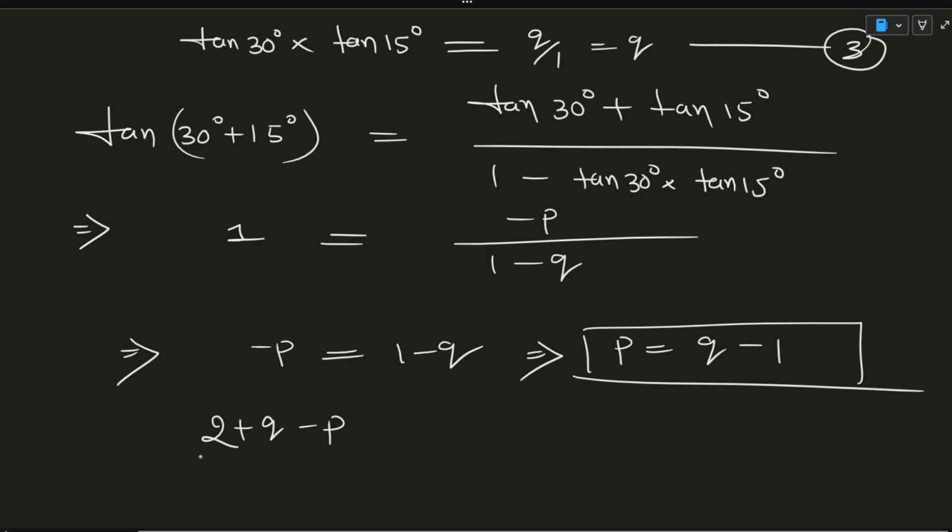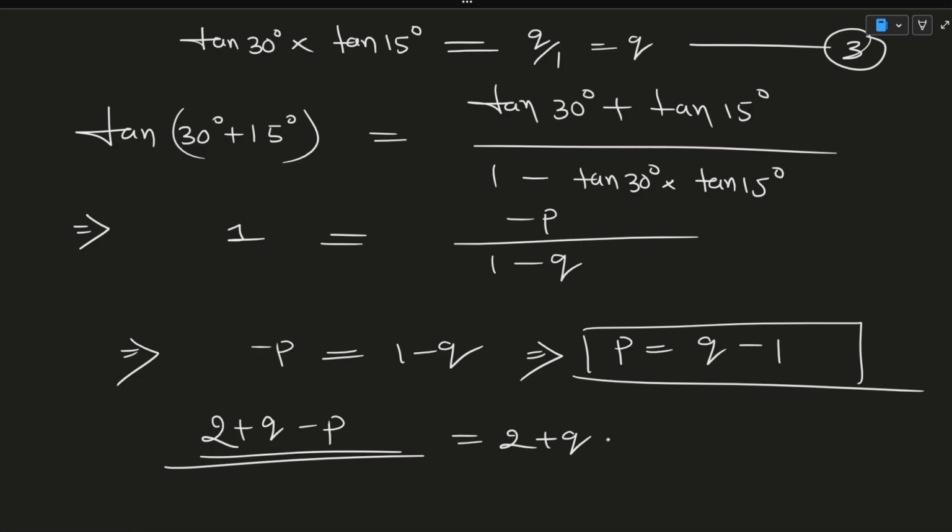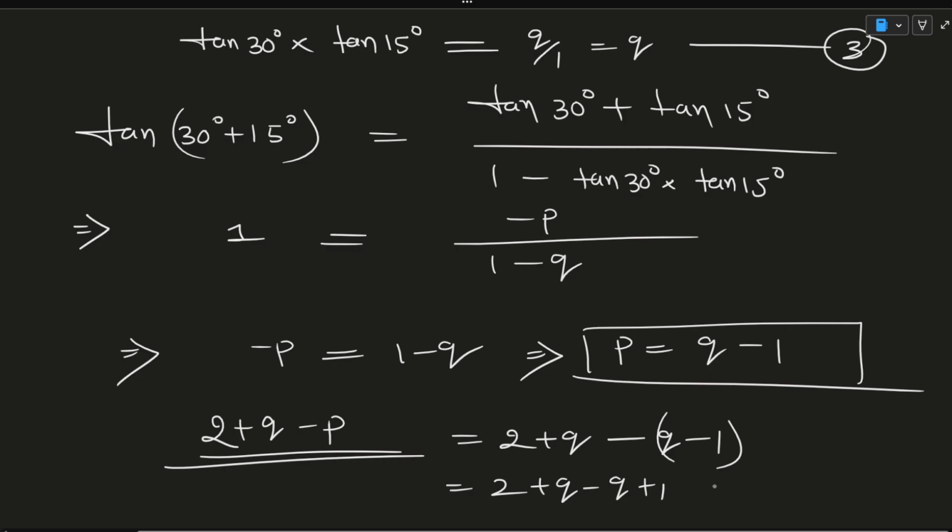So 2 plus q, and I can write q minus 1 in place of p, so it will be 2 plus q minus (q minus 1). So I got 3 as the answer.